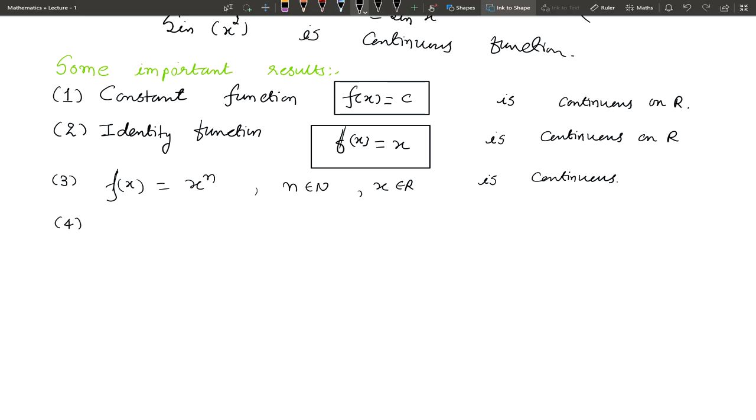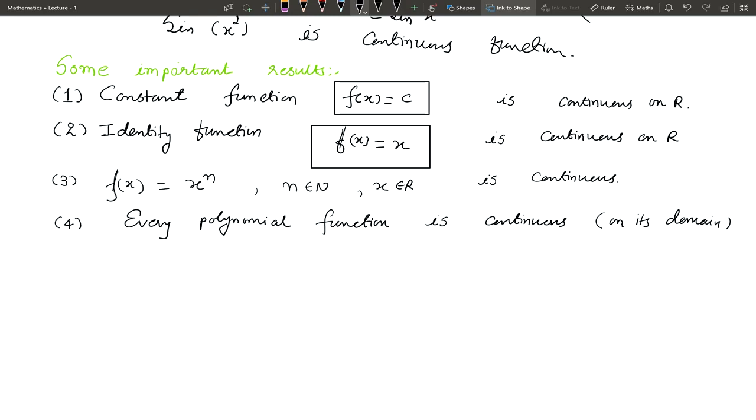Fourth important result, every polynomial function is continuous on its domain.